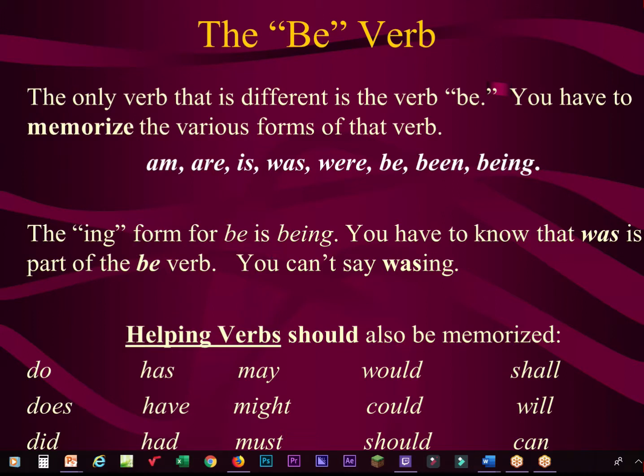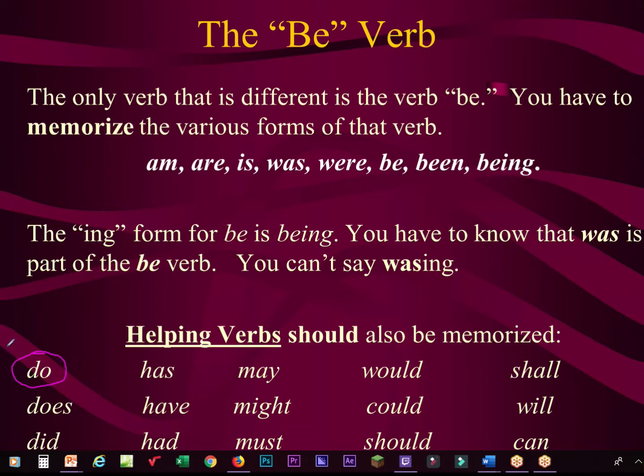Then you have some helping verbs down here at the bottom that are going to be used also. Now, when you have one of these helping verbs, it will always be attached to the main verb. And interestingly enough, it's the helping verb that will change form. Look at this.